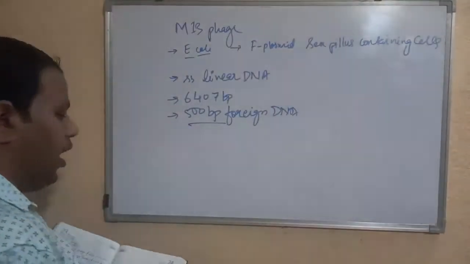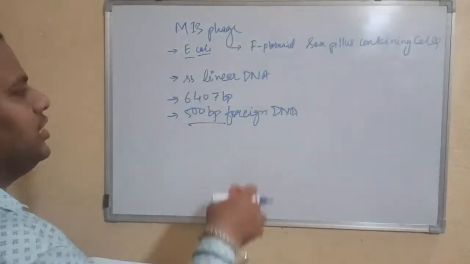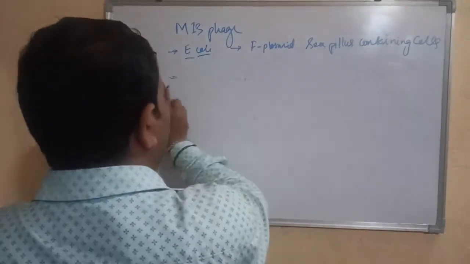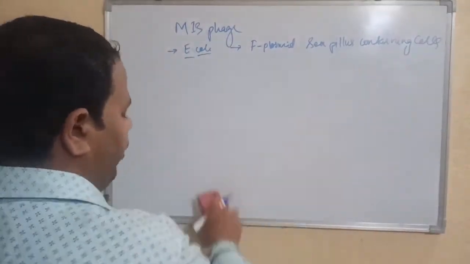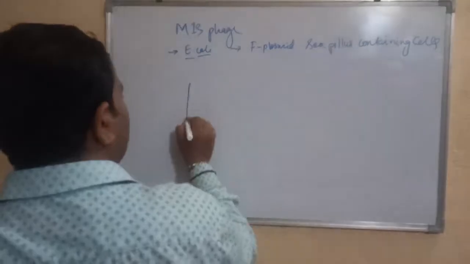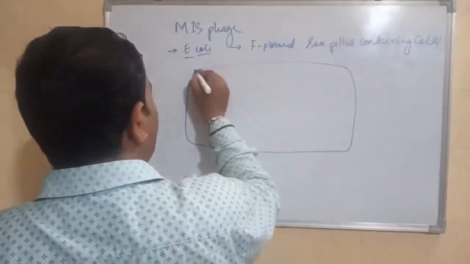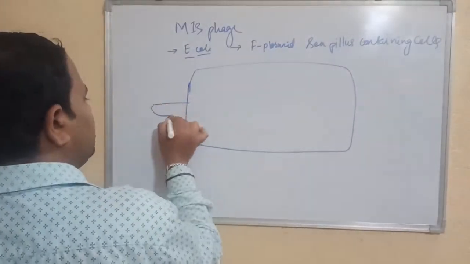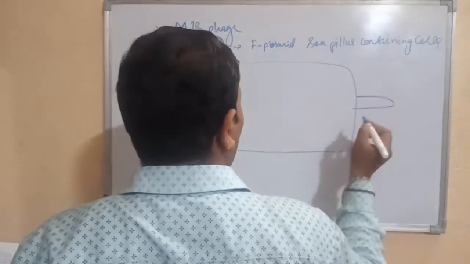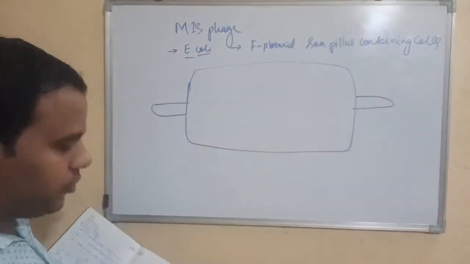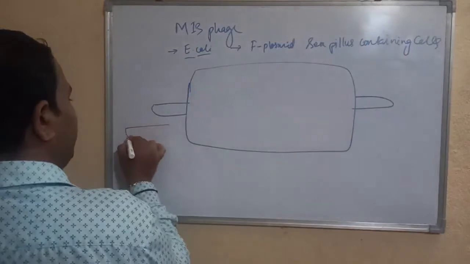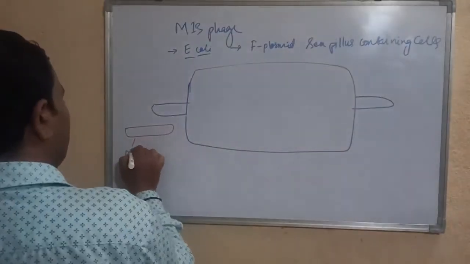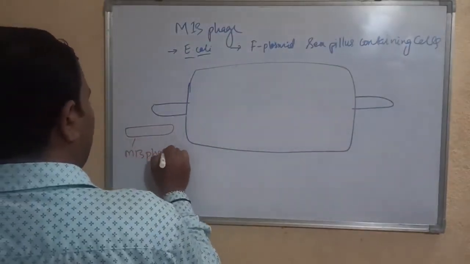Okay, and this phage lands on the sex pili of the bacteria and infects that bacteria. Let's see this infection cycle. Suppose this is the bacteria. Here there are sex pili on both sides, and suppose this is the filamentous M13 phage.